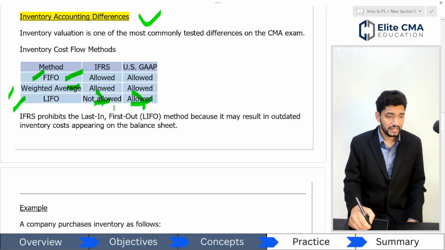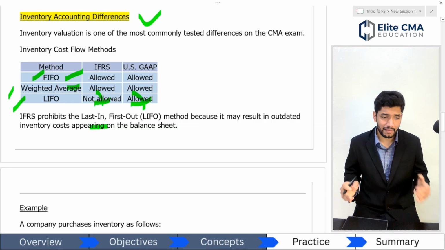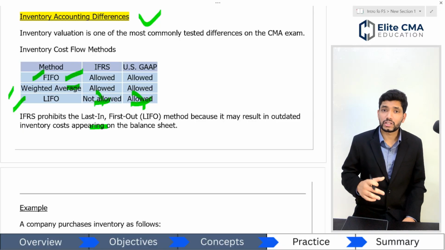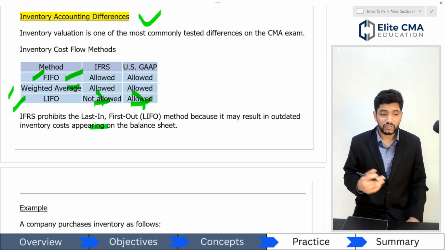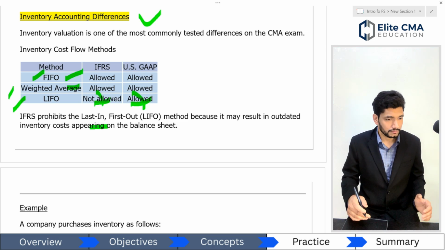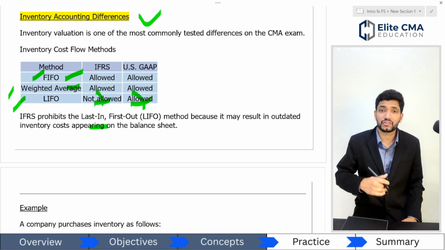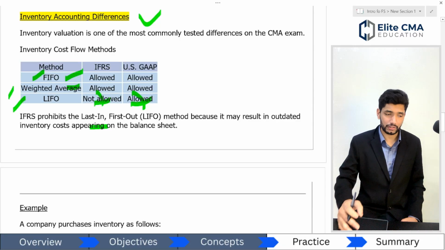IFRS prohibits last in, first out because it may result in outdated inventory cost appearing on the balance sheet. In LIFO, it assumes that the last inventory purchased is sold first, which may result in outdated inventory cost appearing on the balance sheet. That's why IFRS does not allow LIFO.